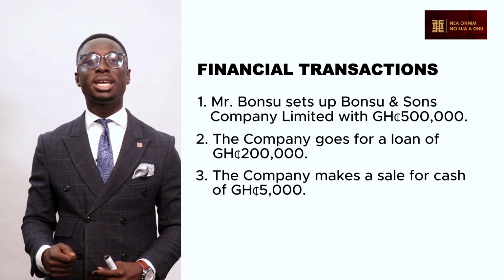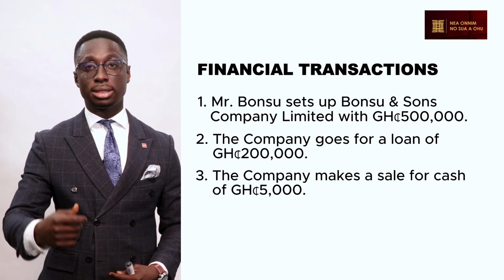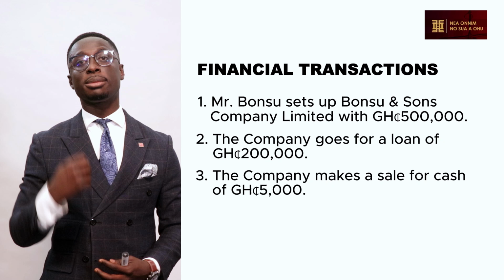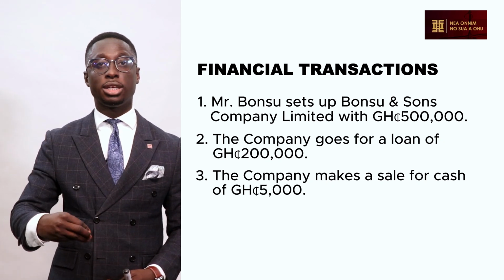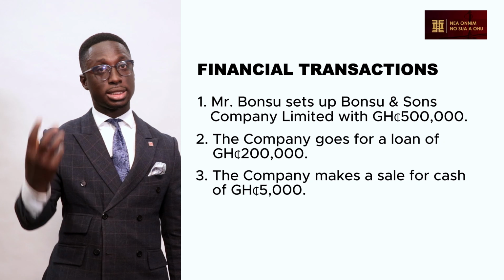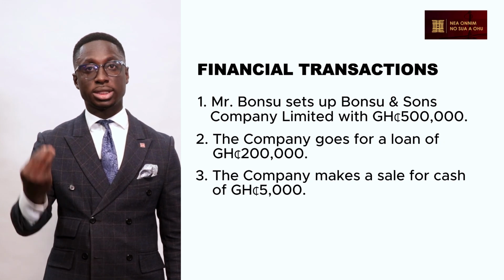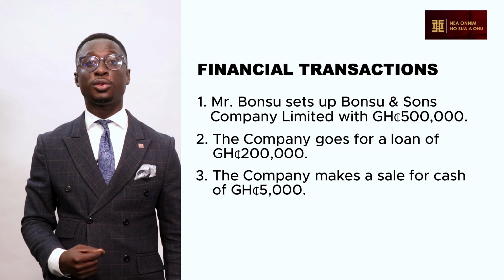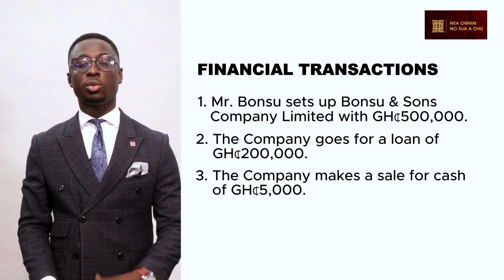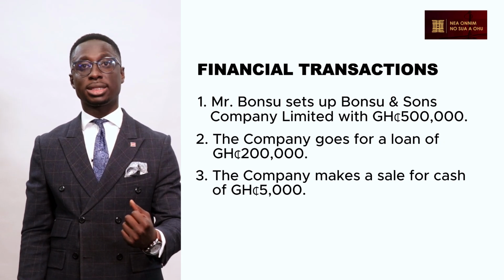So when the company transacts, whether it is revenue that comes in or an expense that goes out, ultimately it goes into what? The shareholders' account, which we are calling what? Capital. So now that we have sold goods for 5,000 Ghana cedis, we are going to receive cash. What will be impacted?